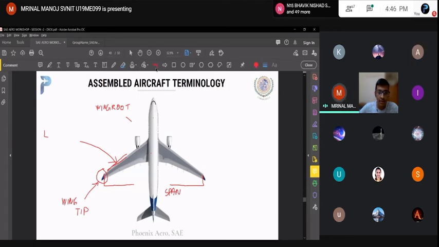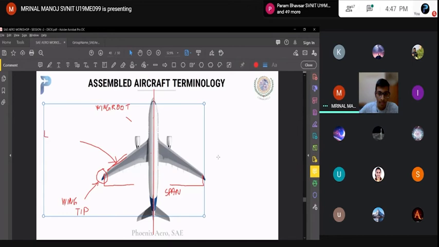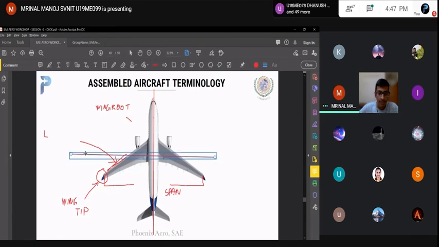Now, imagine we draw an axis through the aircraft. One of the major points in describing the stability of an aircraft is its CG.